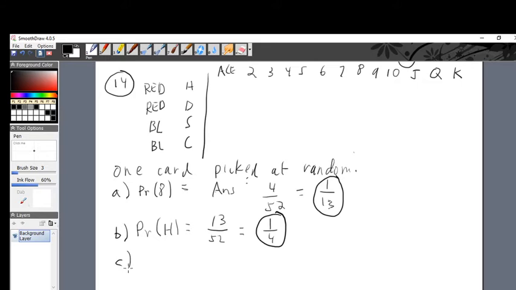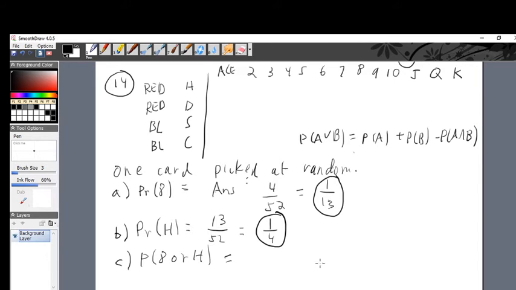Okay, now here comes C. What is the probability of getting an 8 or an H? Now, here's where you got to be careful. The formula for probability of A or B is equal to the probability of A plus the probability of B minus the probability of A intersect B, in case they have something in common, in case they're not mutually exclusive.